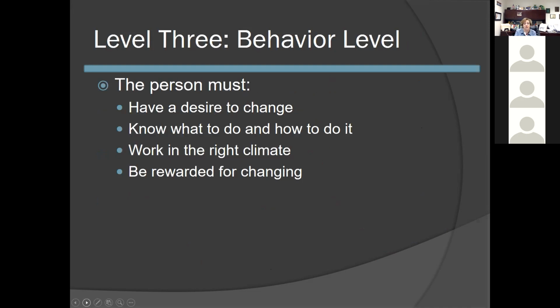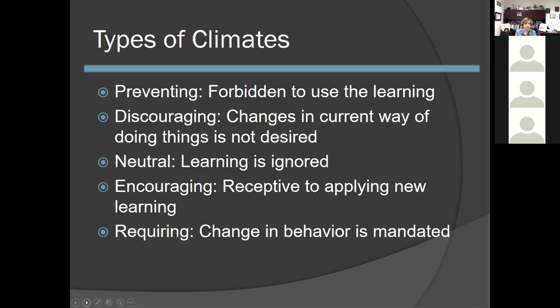In order for a behavior change to happen, there must be a desire for that change. They know what they need to do and how to do it. There needs to be the right climate at their workplace, and then they need to be rewarded for that change. So you need to make sure all of those are in place.